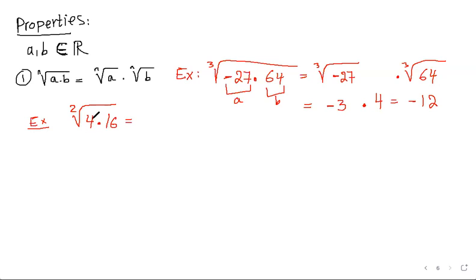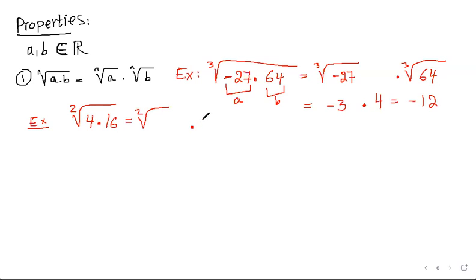Instead of multiplying 4 times 16 to get the answer and then finding the square root, which would be a big number when I don't have a calculator, I can use this idea by separating everything inside into the two radicals.